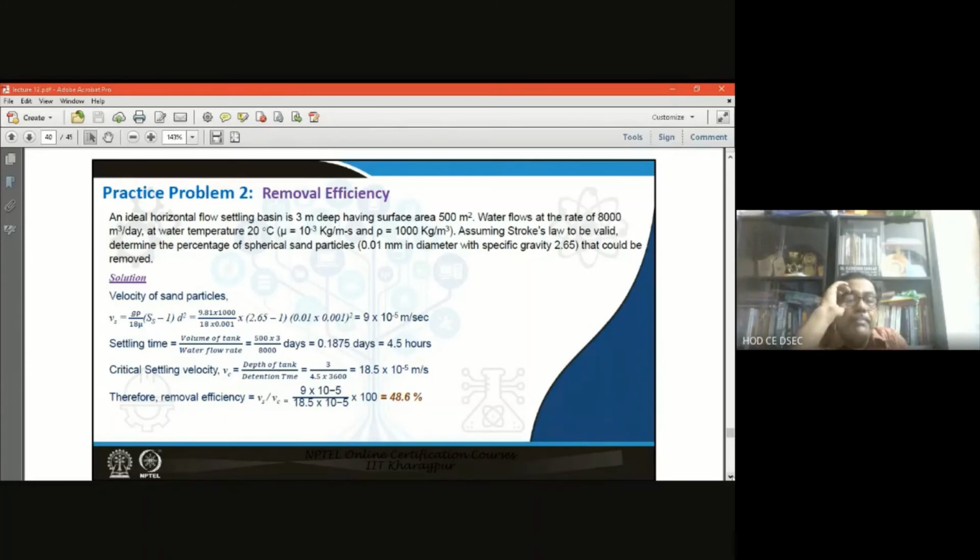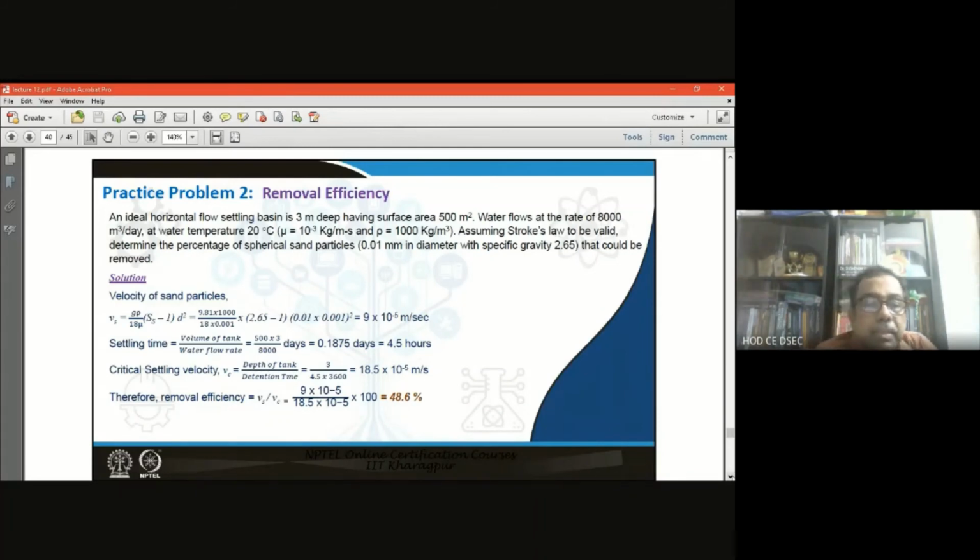At water temperature 20 degrees centigrade, mu is given, rho is given. Assuming Stokes law, nothing is to be checked. You don't have to check the Reynolds number, because it is given that you assume the Stokes law. So without checking anything, you can apply the Stokes law, as said in the question. Determine the percentage of the spherical sand particles that could be removed.